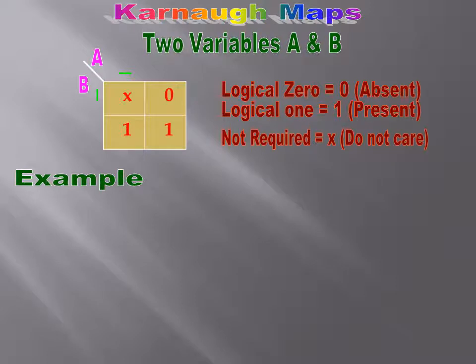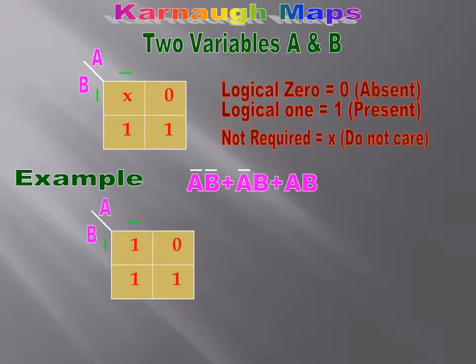Now let's take an example again in these two variables, and we'll see that the Karnaugh map representing this has 3 ones and 1 zero, because only one term is absent. That means AB naught is not there.